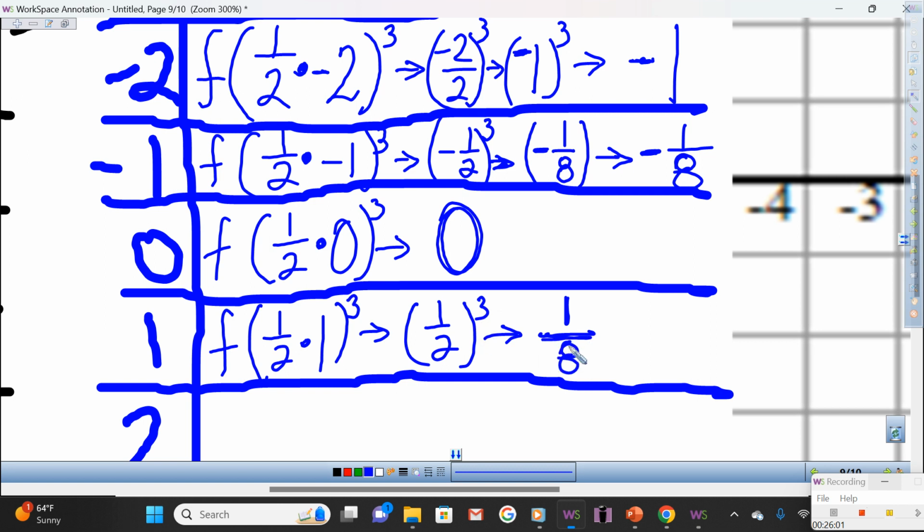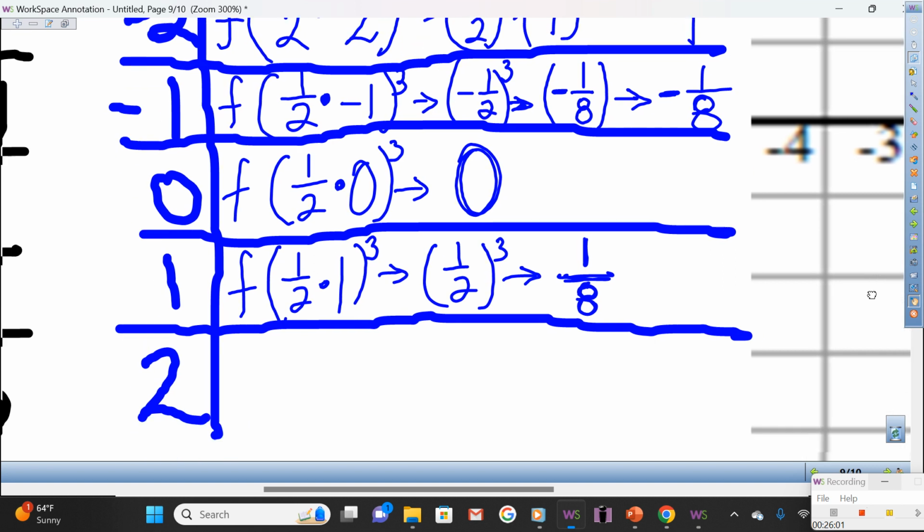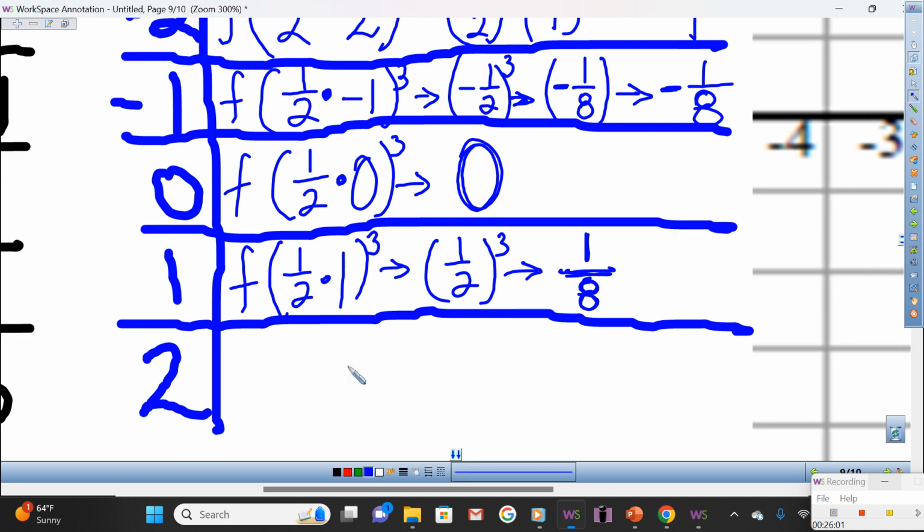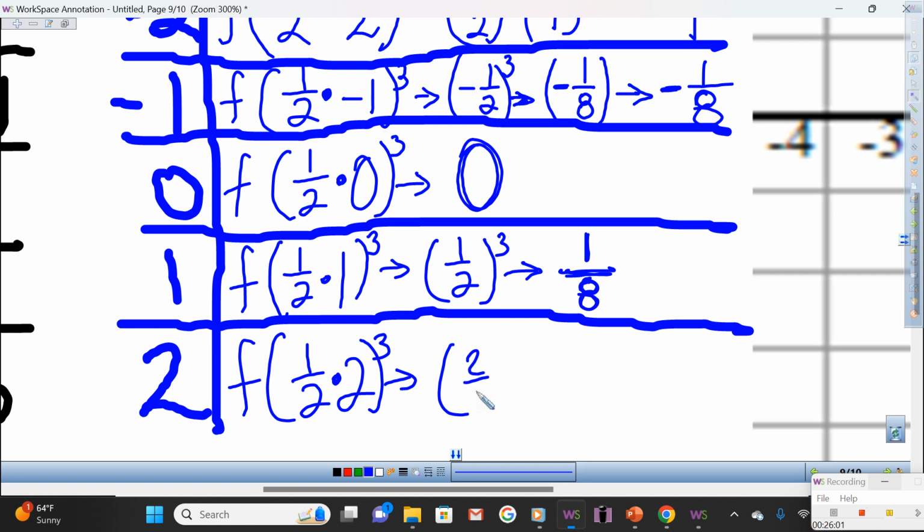That is correct. Have you got that so far? Yes? All right. And last but not least, tell me what to write. Jaden, go. 1/2 times positive 1. All right, we got it?